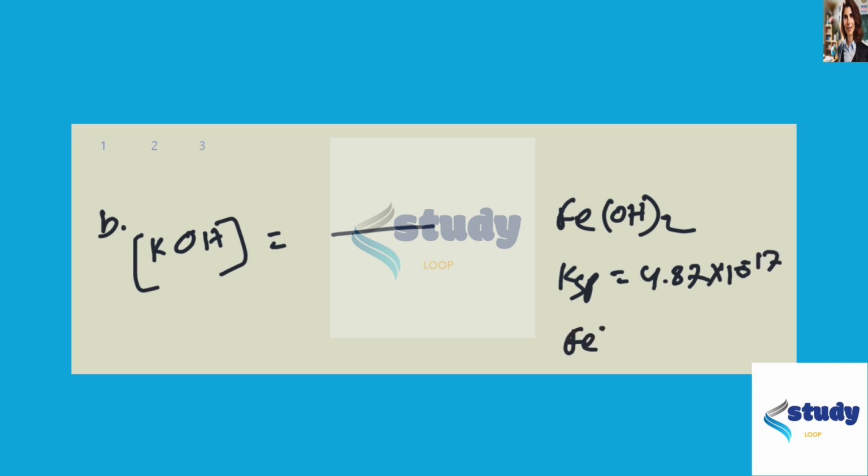And for the Fe2 plus ion concentration, we are using 0.0025 molar ferrous nitrate.